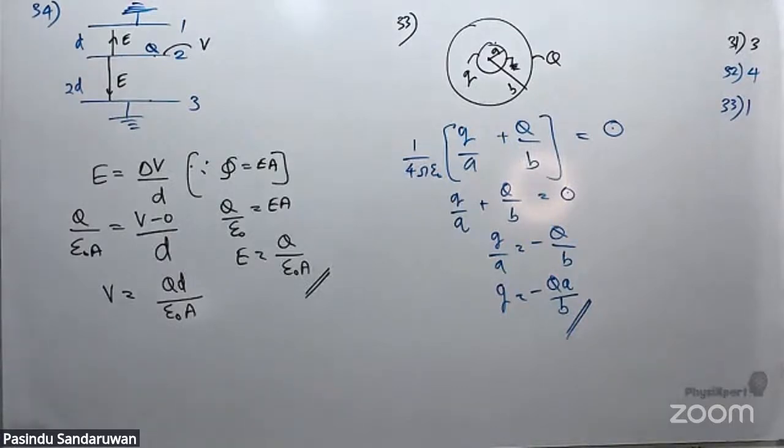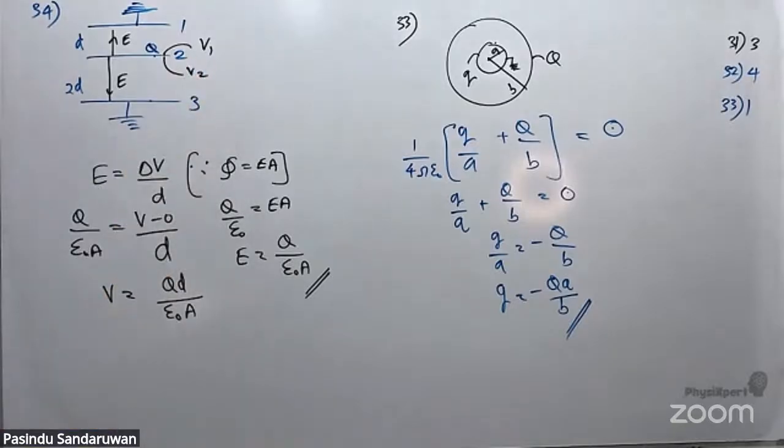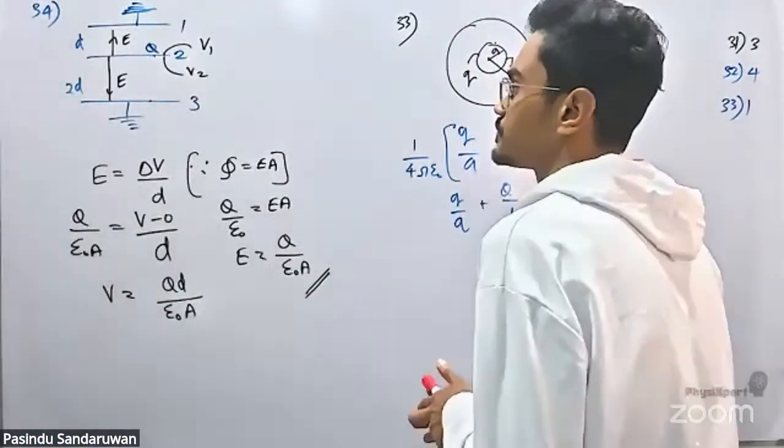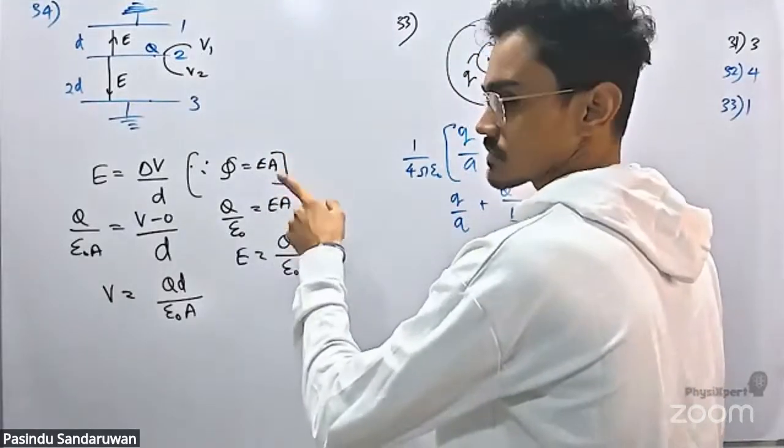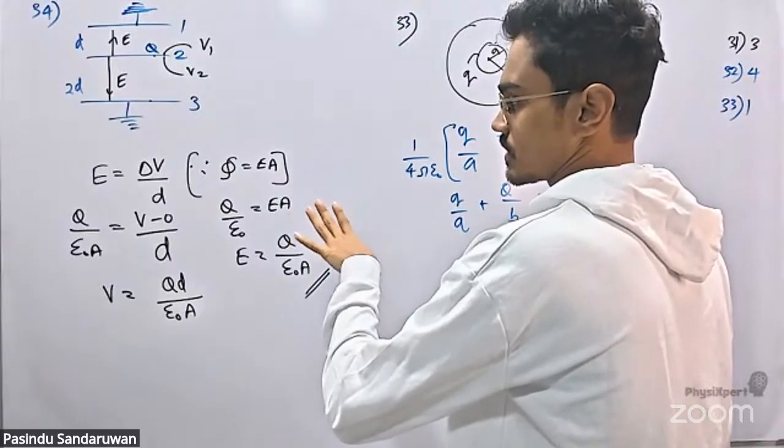Okay, then from this side, let's say the potential is V2.